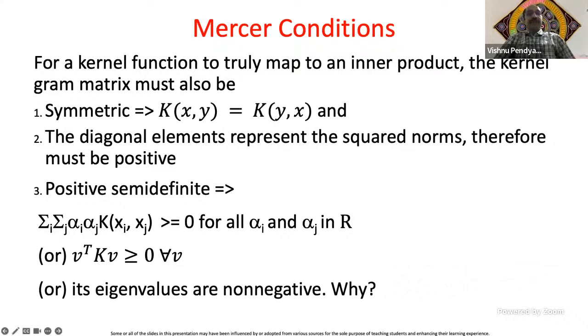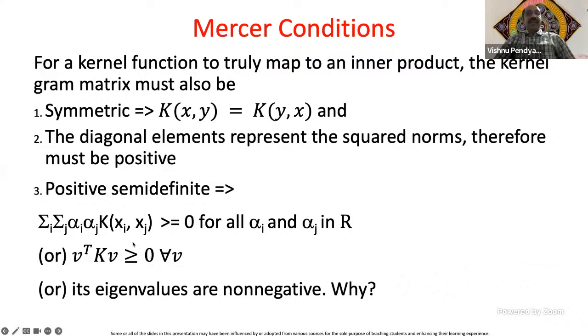So a positive semi-definite matrix implies, if k is the matrix or k is the function, let us consider the matrix first, the gram matrix. For any vector v, the transpose of vector v times k times the vector v should be greater than or equal to 0.